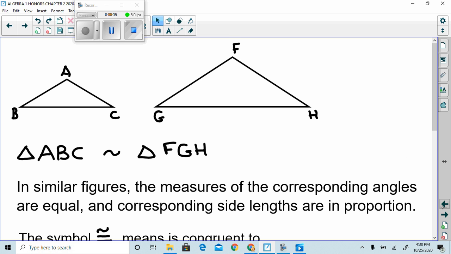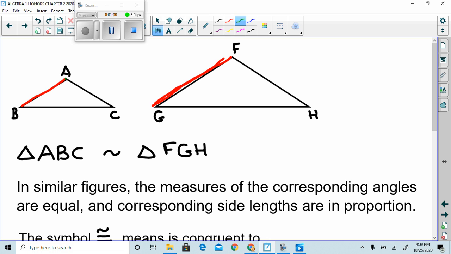We'll look at two triangles. In similar figures, the measures of the corresponding angles are equal, and the corresponding sides are in proportion. So let's take a look at that. If I wanted to talk about corresponding sides, AB corresponds to FG. Let's take a look at another one.